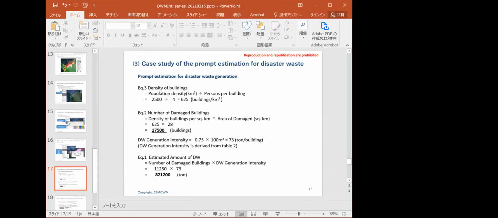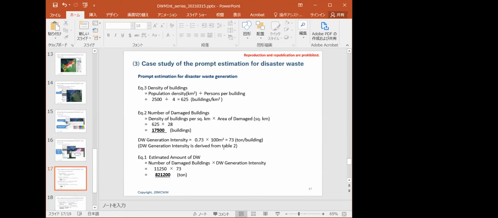And in this case, we try to use this number, 0.73, and we put the space of one house as 100 square meters, and the disaster waste generation intensity is 73 tons per building.